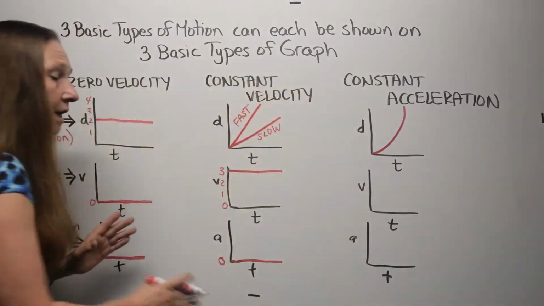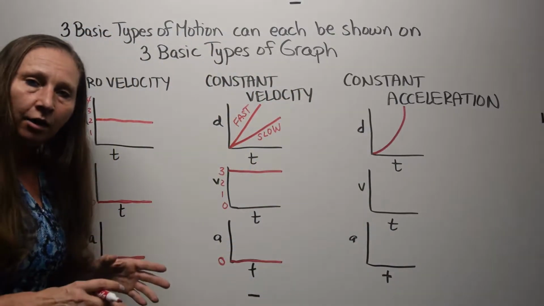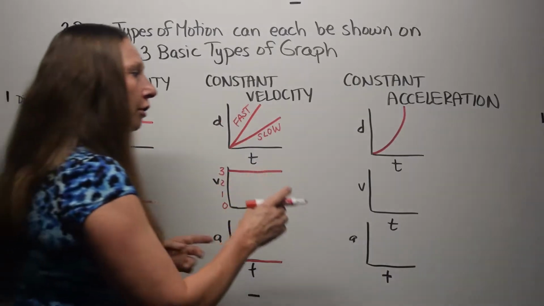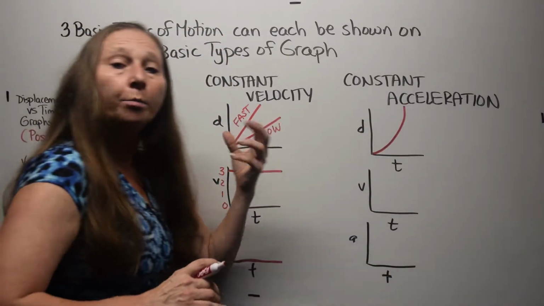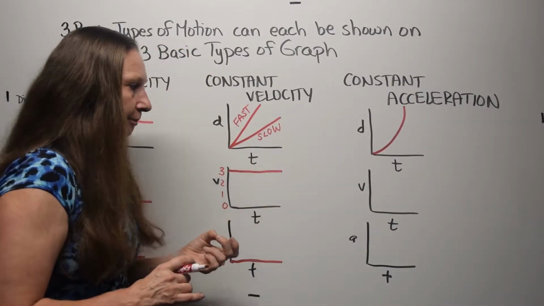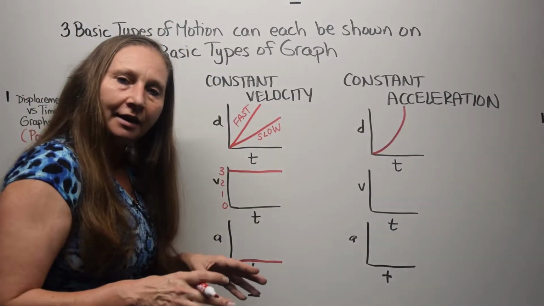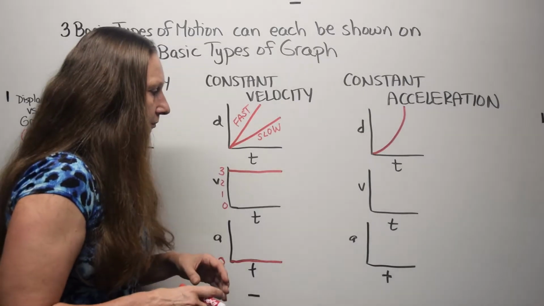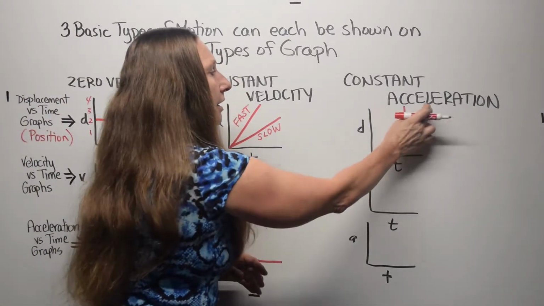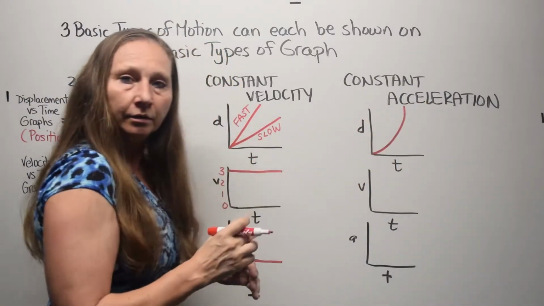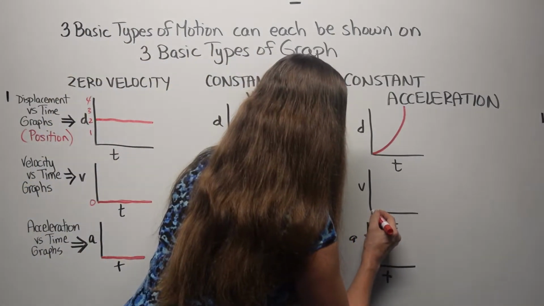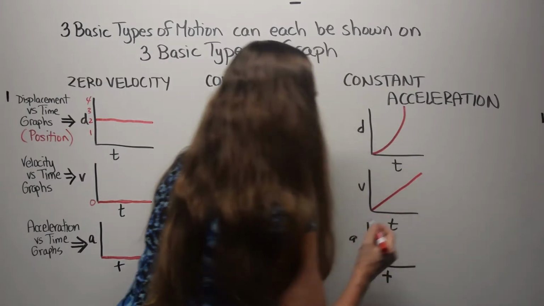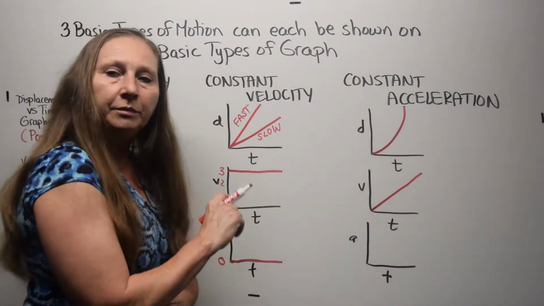Notice, of the 9 graphs that I'm showing you right now, the only one that's curved is constant acceleration on a displacement or position time graph. You'll see why a little bit later in the video. Now, the velocity is increasing. So, constant acceleration on a velocity time graph will look something like that.